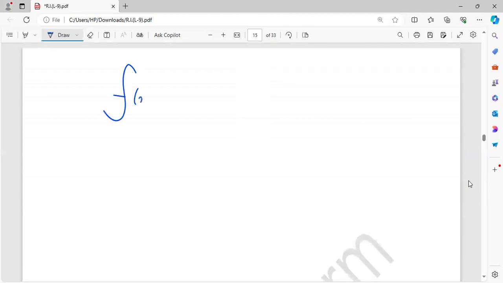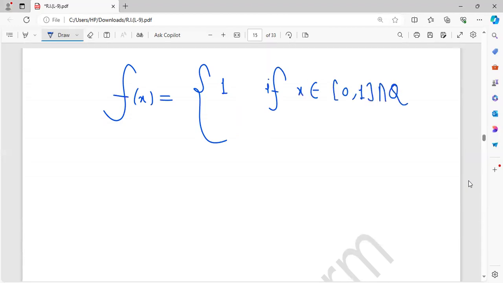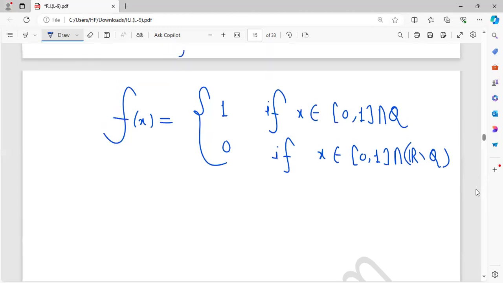We always take f(x) is equal to 1 if x belongs to the closed interval [0,1] intersection Q, and 0 if x belongs to the closed interval [0,1] intersection R minus Q. You can take the Dirichlet function.